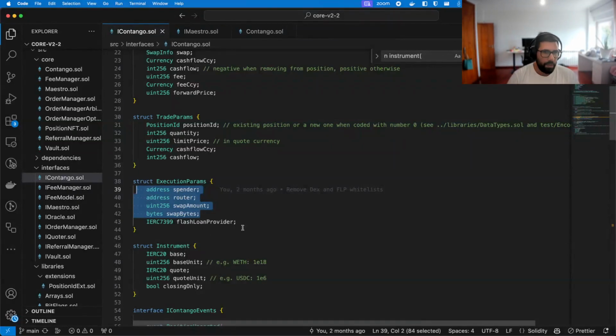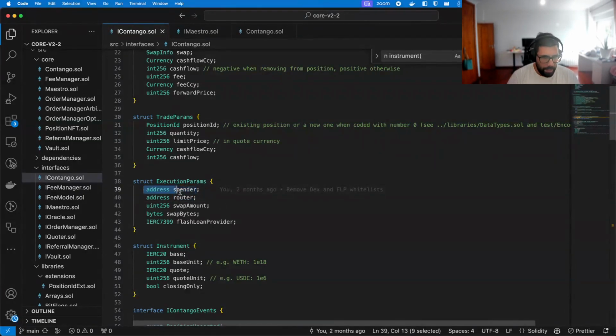And of course, you need to tell the smart contract what to do. So you need to tell it how much to swap, what the call data is to pass to the aggregator, and where the router is. Spender exists because with Paraswap, the contract you have to give allowance so they can take money from you is not the router, it's a different one.